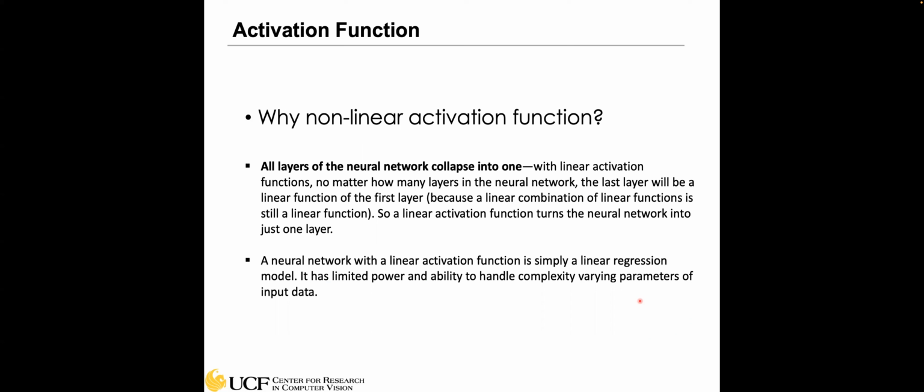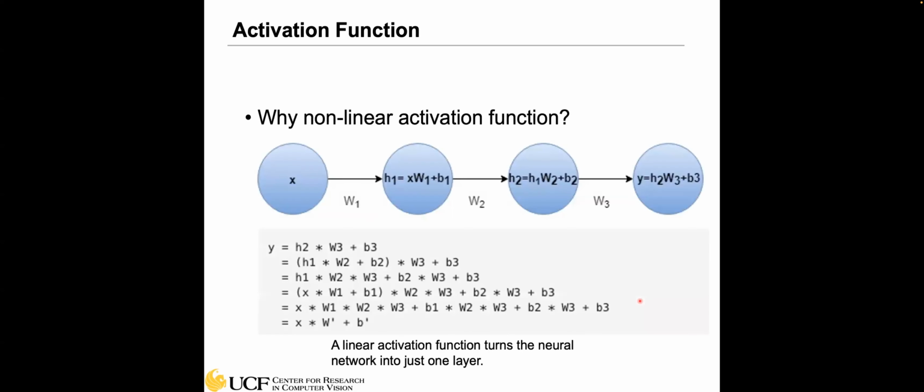The learning capacity, or the ability to handle complex varying data points, is very limited for this simple linear regression model. Here is a very simple example to show why building linear activation functions on all the layers essentially collapses into a single layer.